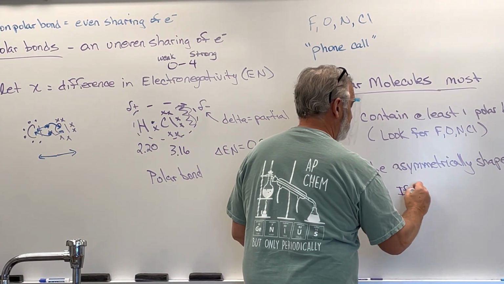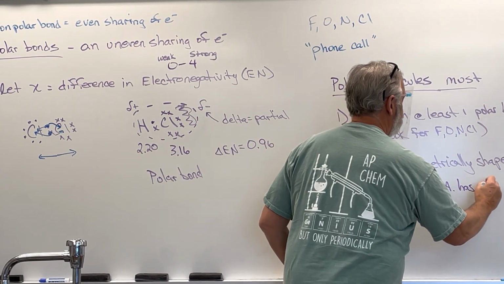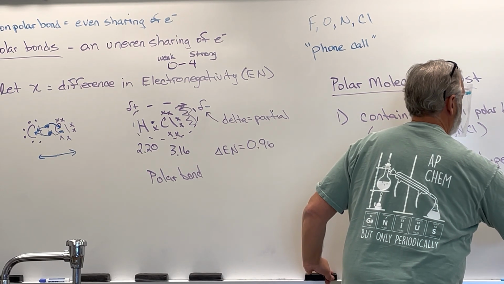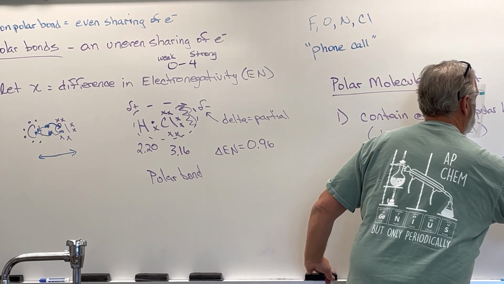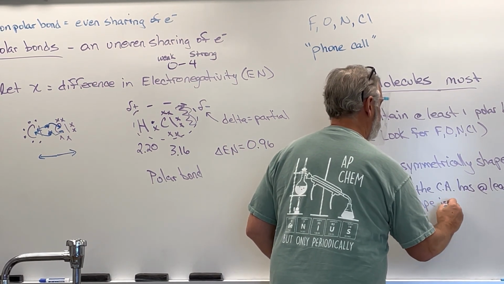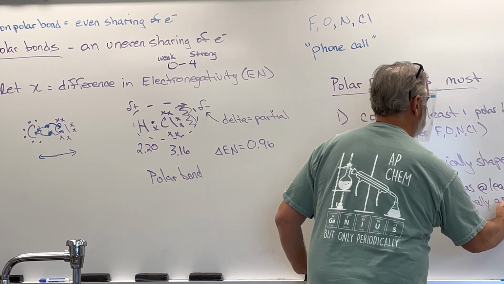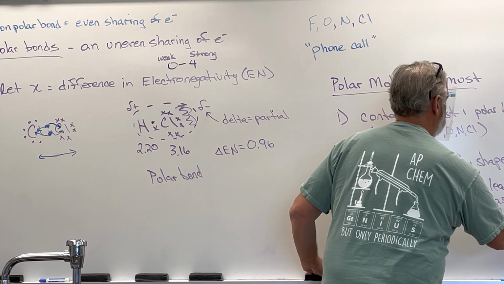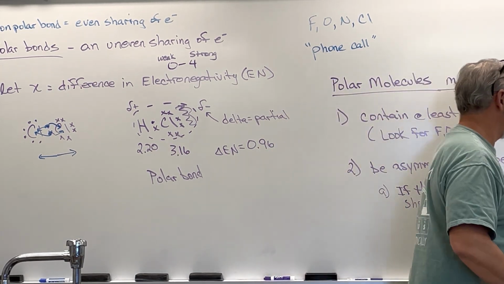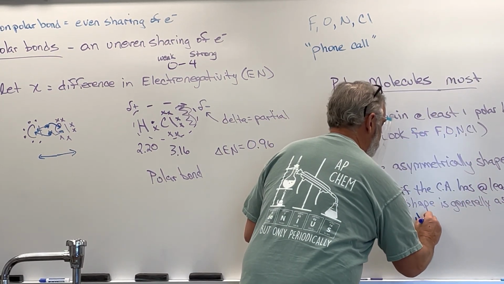If the central atom has at least one lone pair, the shape is generally asymmetrical. But there are two exceptions.